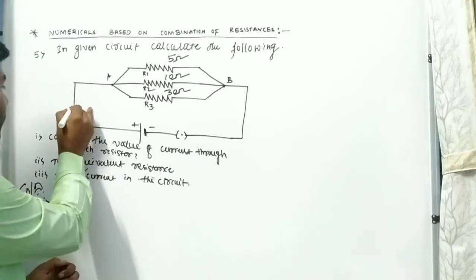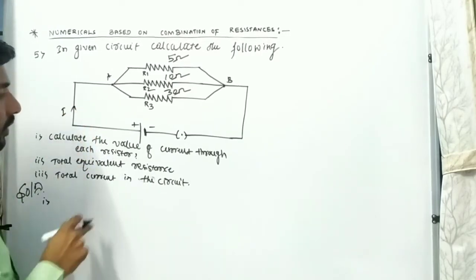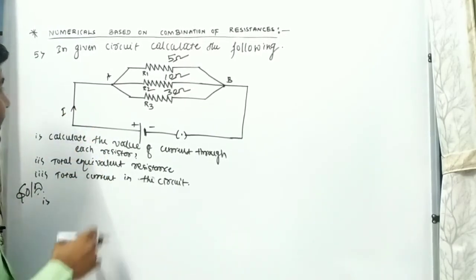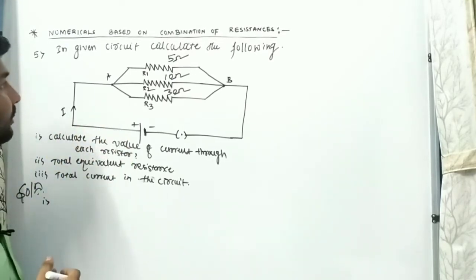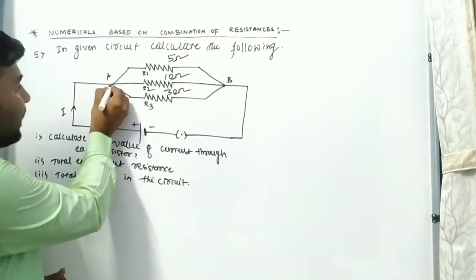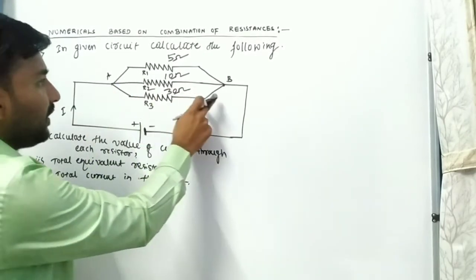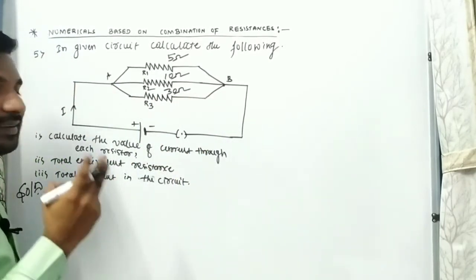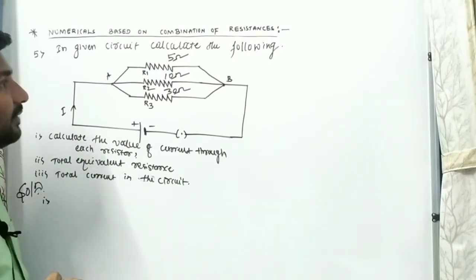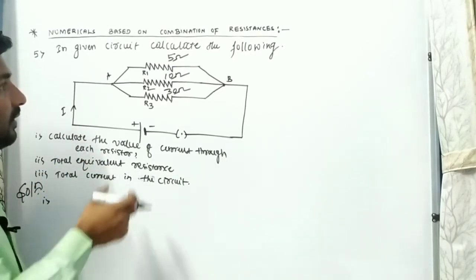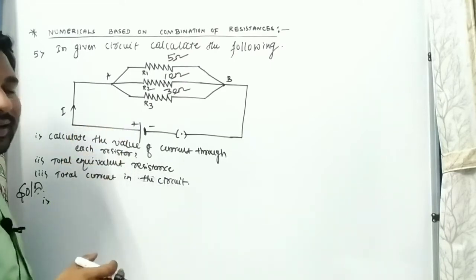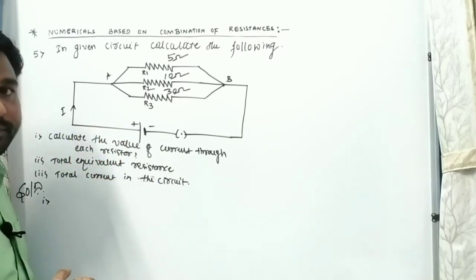Now let's suppose that when the switch is on, the current I is flowing in the circuit. When the current I reaches point A, in between points A and B there are 3 resistors connected, and these 3 resistors are in parallel combination.